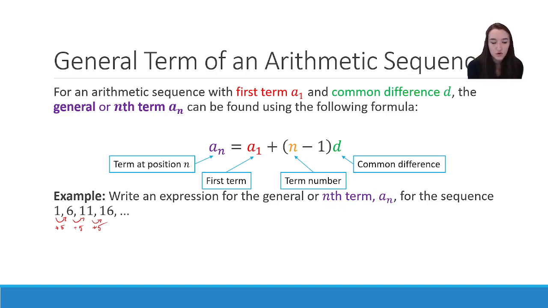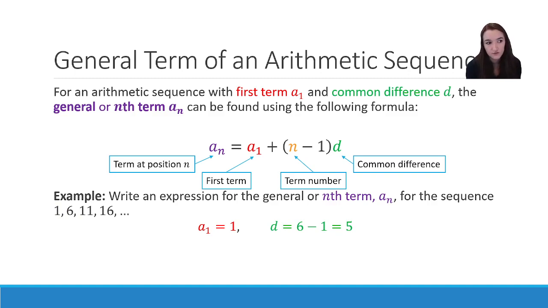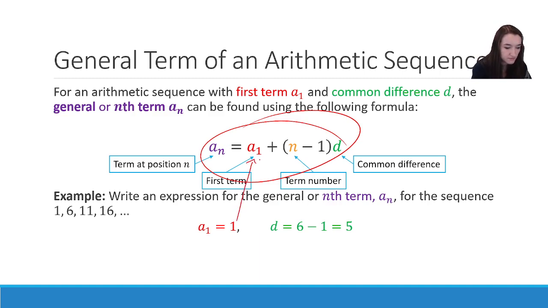And what is A1? Well, A1 is always the first term. So A1 is 1 and D is 5. So then it's just a matter of plugging into this formula. A1 is 1, D is 5.